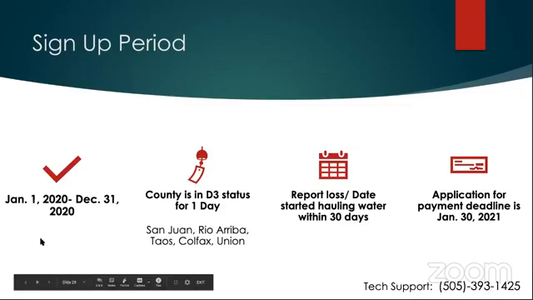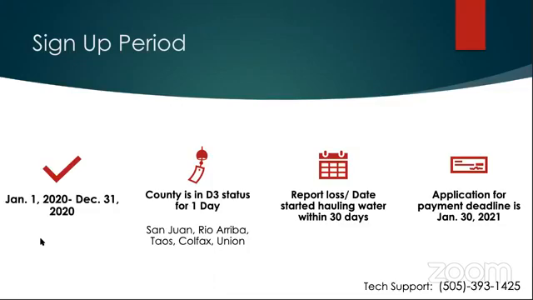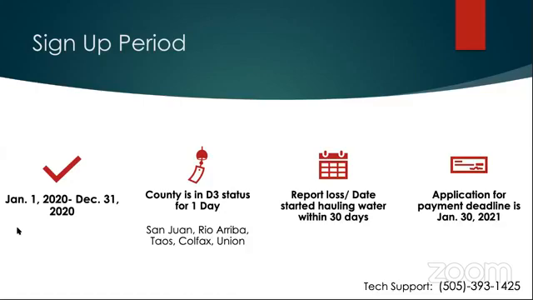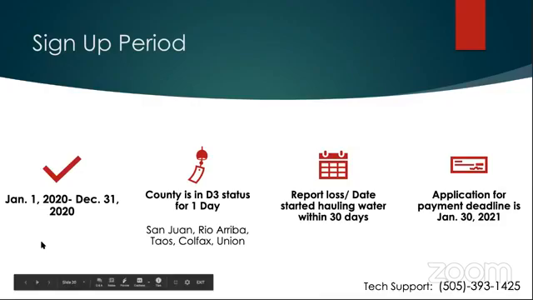Like our livestock indemnity program, you need to report the date that you started hauling water to the county office within 30 days. The application for payment deadline is January 30th. So for this program, we only give you 30 days after the calendar year to get all your paperwork in line to apply for this program. So next slide, please.